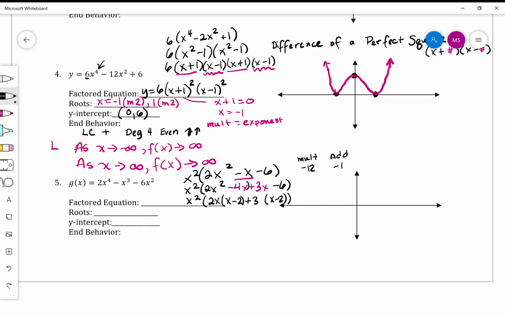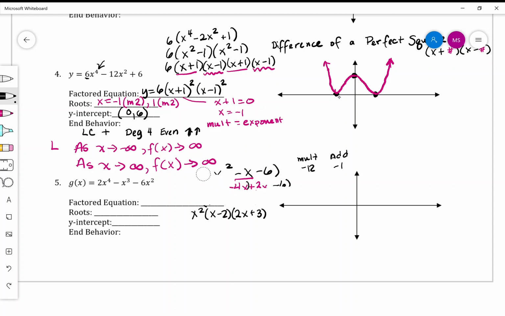So we're going to go ahead and put everything together, and I will rewrite it back on the line. So I'll write it right here so we can see it and remember it. So x minus 2 is what they both share, and then in another set of parentheses, we're going to write what we have left over, so that 2x plus 3 has its own set of parentheses. So I'm going to go ahead and erase this so I can write it on the line.